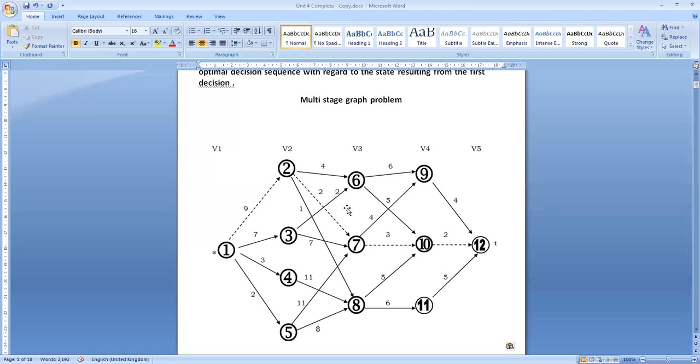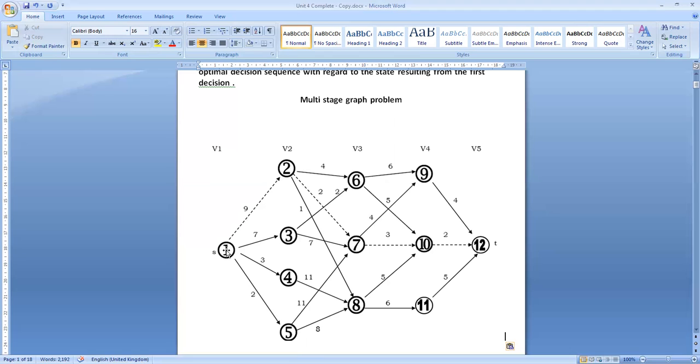Okay. Now, from stage 1, we have to reach stage 5. That is our aim. My aim is to go from vertex 1 to vertex 12.